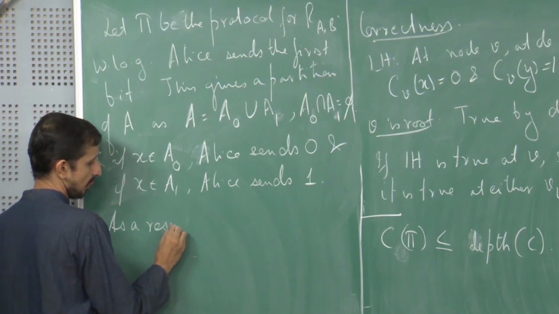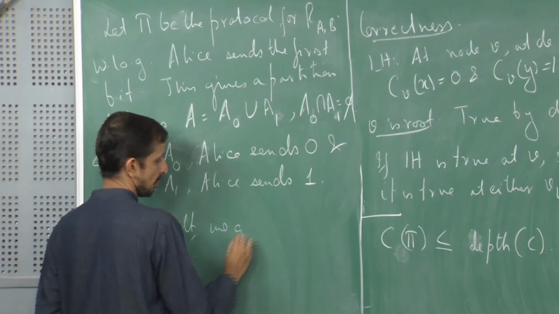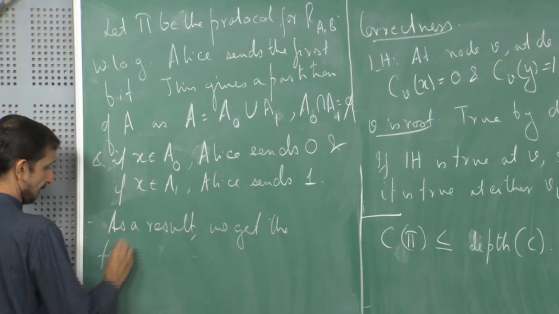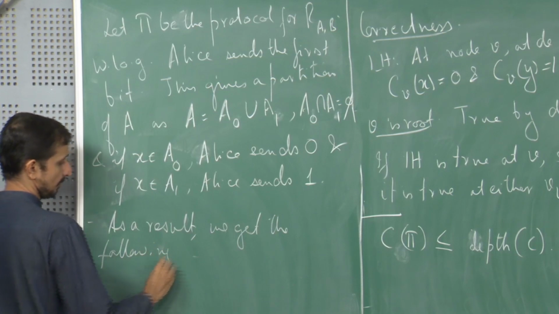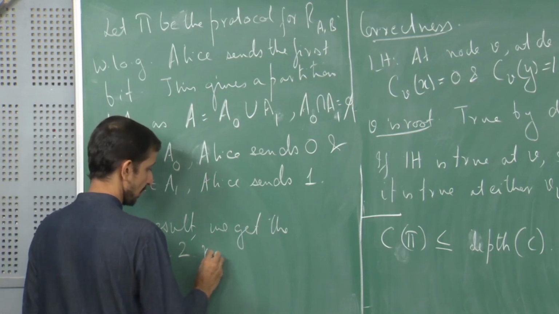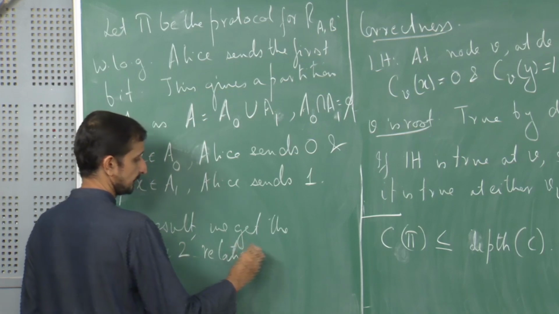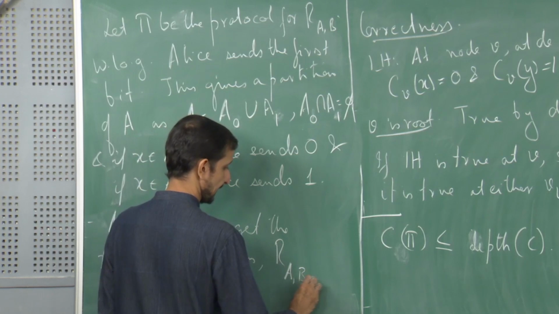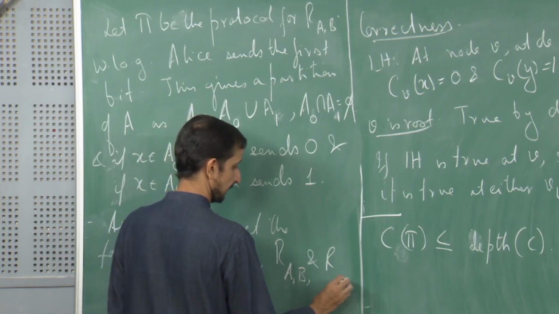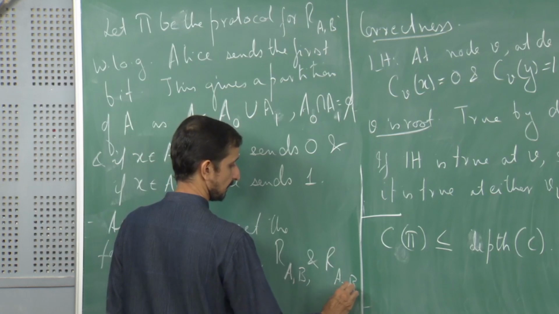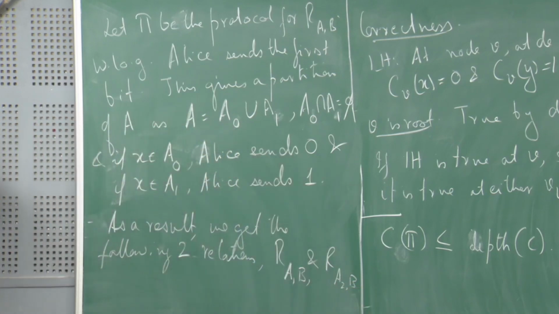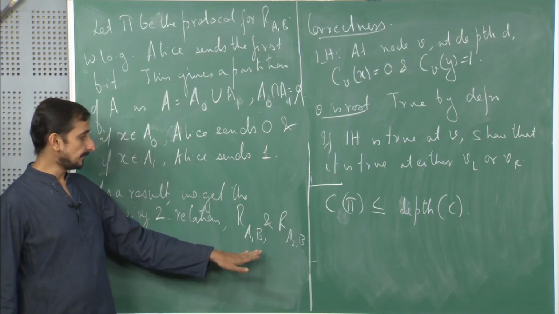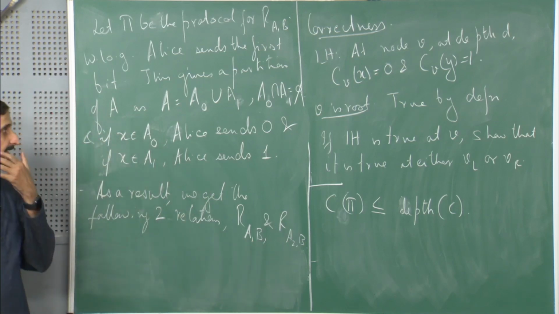As a result, we get the following two relations, R A1B and R A2B.